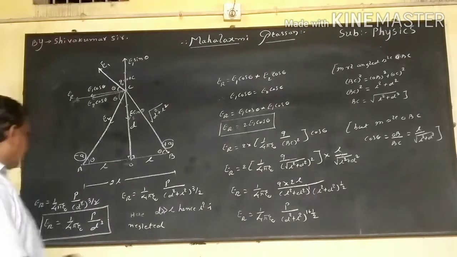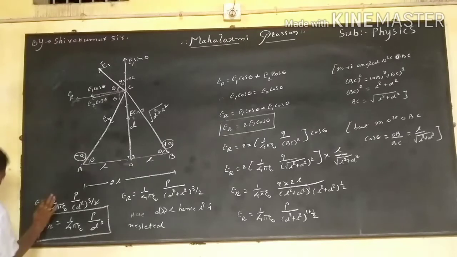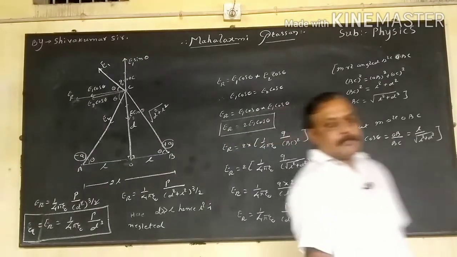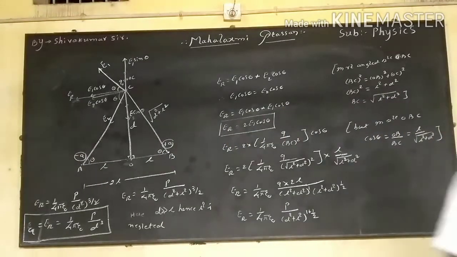Now you can write simply this resultant electric intensity for identification. So E equatorial line, EEQ, is equal to ER. Both are same. You can easily identify it, EEQ or ER equals 1 divided by 4 pi epsilon naught P by D cube. Is it clear? Yes.